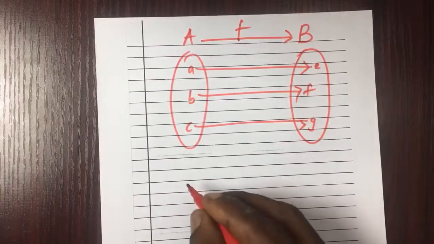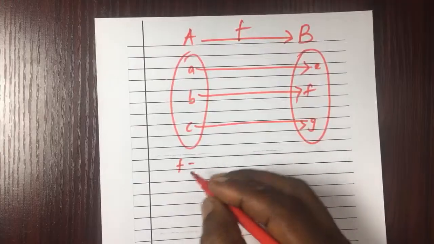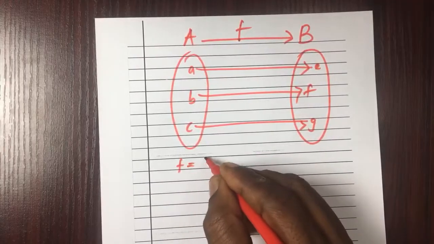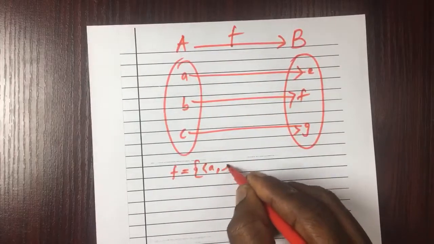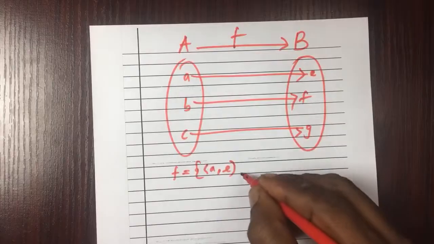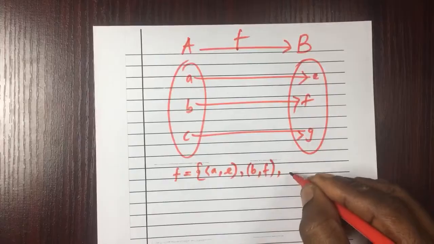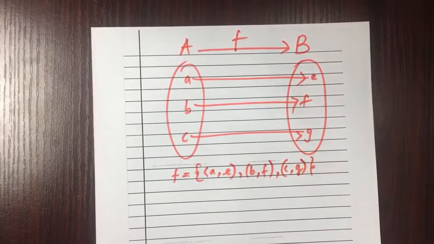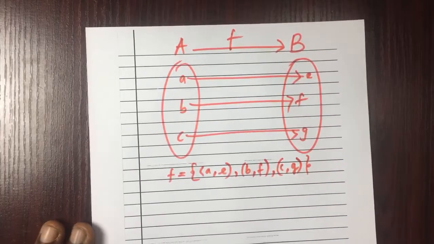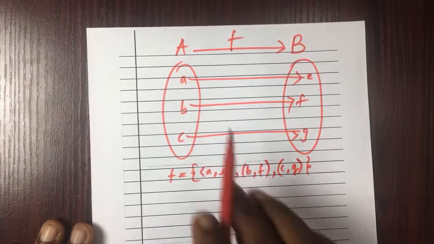So for this mapping, F can be written as (A, E), (B, F), and (C, G) in brackets. So when you do this, you are using an ordered pair to represent this mapping.